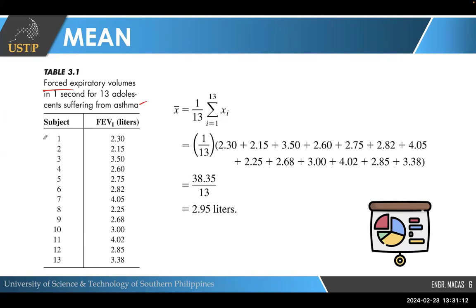So suppose in this table, in this data that we have now, there are 13 adolescents.